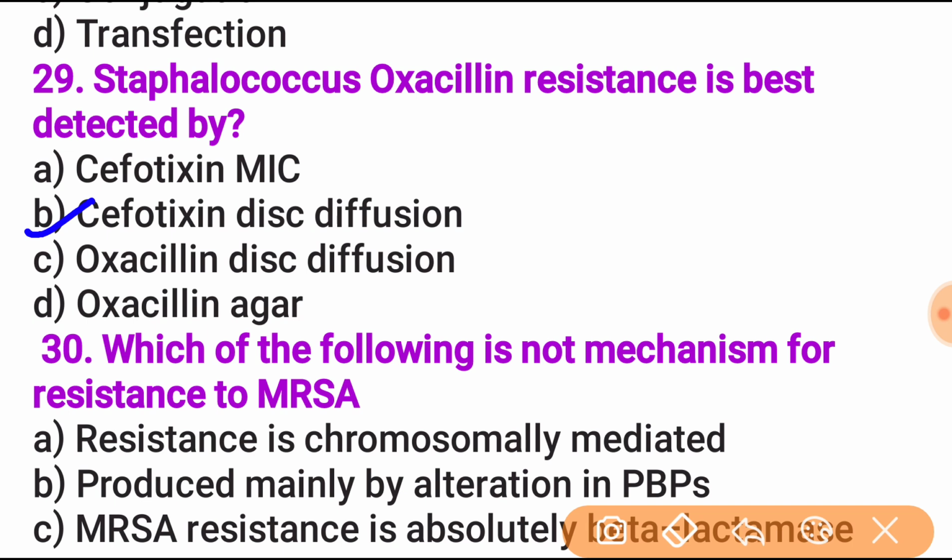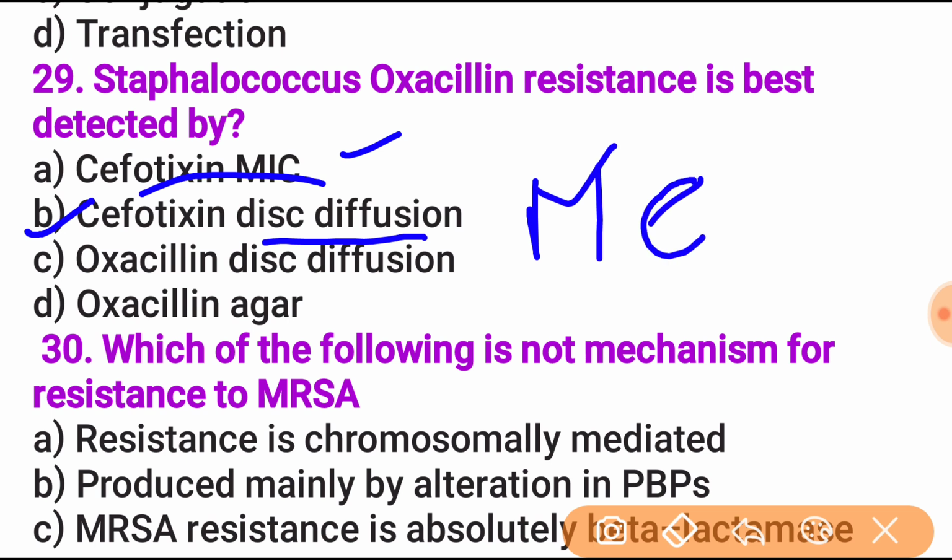The first option, cefoxitin MIC, is not recommended by the Clinical and Laboratory Standards Institute. Cefoxitin disc diffusion is most commonly used to predict the mecA gene.